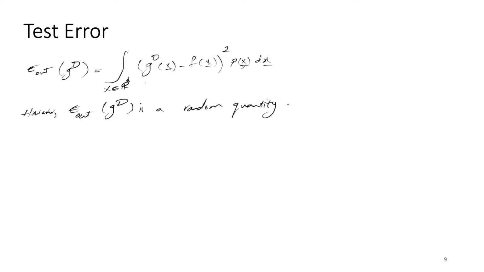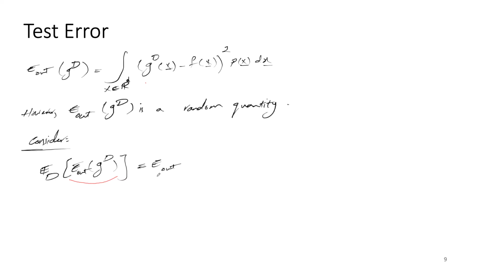However, we know that E_out of g_D is a random quantity. It depends on the way we sample it randomly. So in order to compute that, we would need to consider the expected value over D of E_out of g_D as the test error itself, because it's a random quantity.